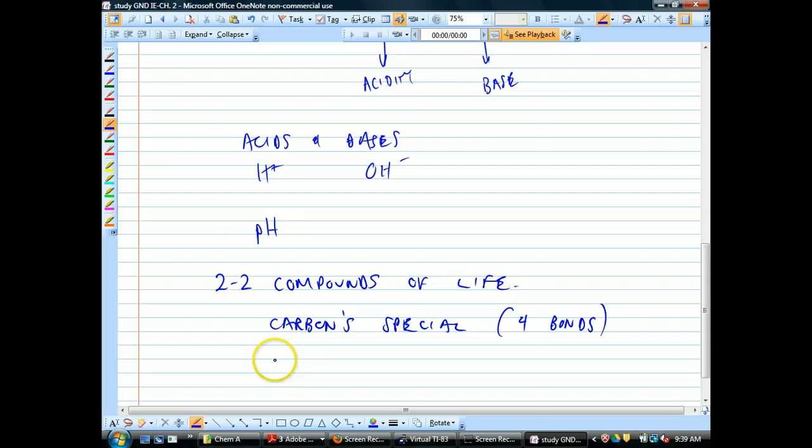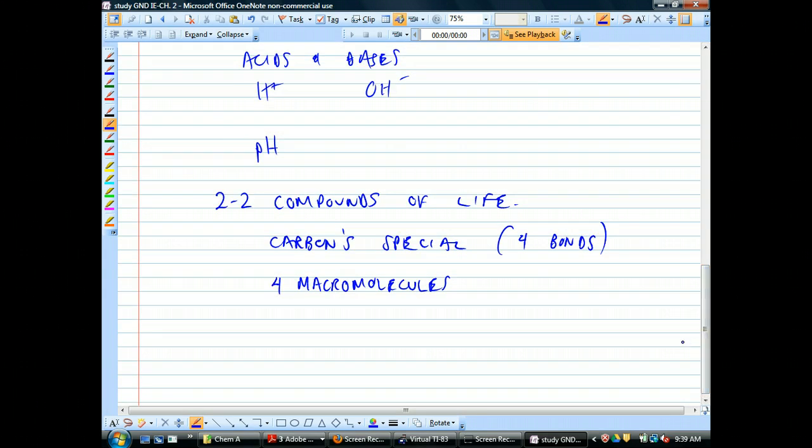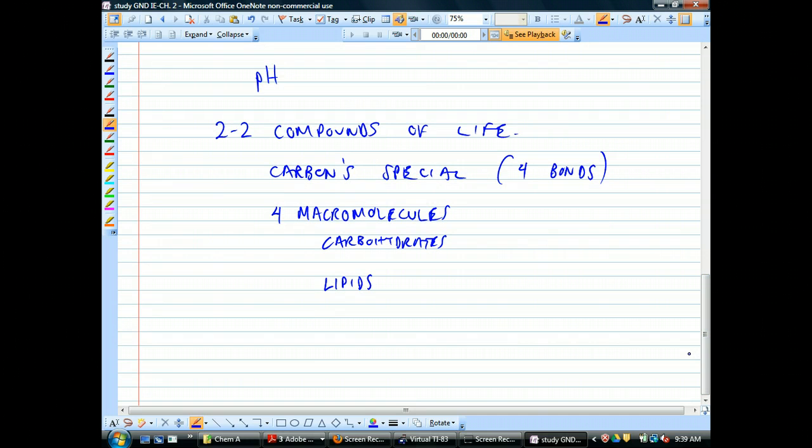And then we focused in on the 4 macromolecules. And these were, in this order, carbohydrates, lipids, proteins, and nucleic acids.